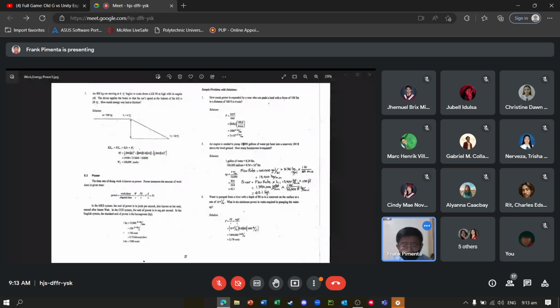You must accustom yourself in dealing with physics problems: always understand the problem first, then write the given, write the required, draw the figure, and reflect the general formulas. Kasi dito kayo mamimili sa formula na gagamitin. Then the solution. Very simple.